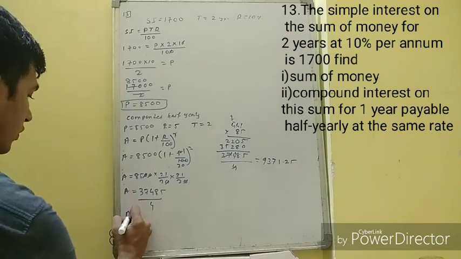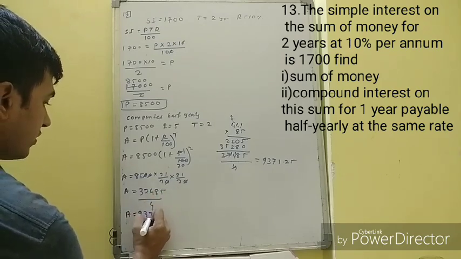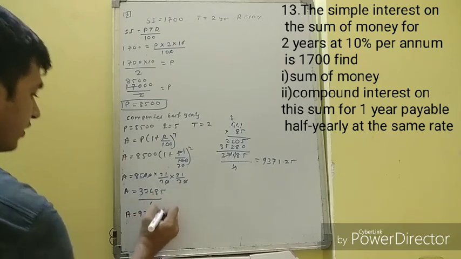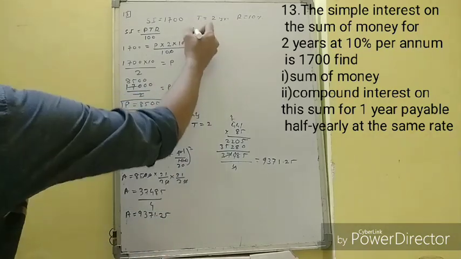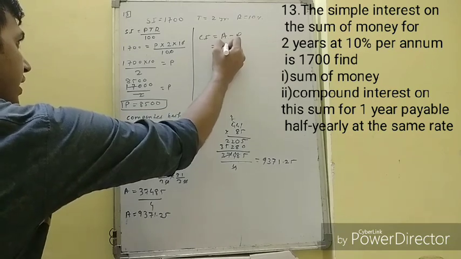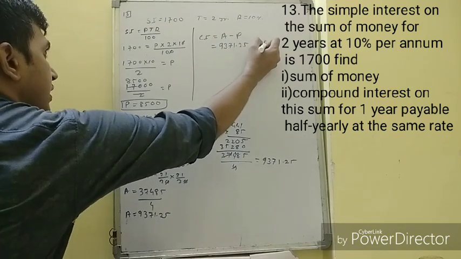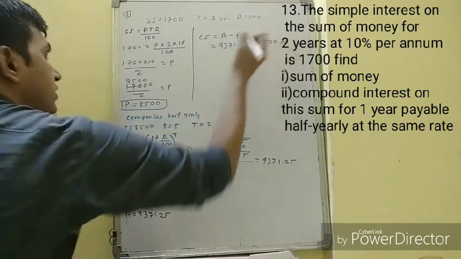Okay, so amount is equal to, this answer is not given behind, 9371.25. This is the amount. So what is the interest? So the compound interest is equal to amount minus principal. 9371.25 minus 8500.00.